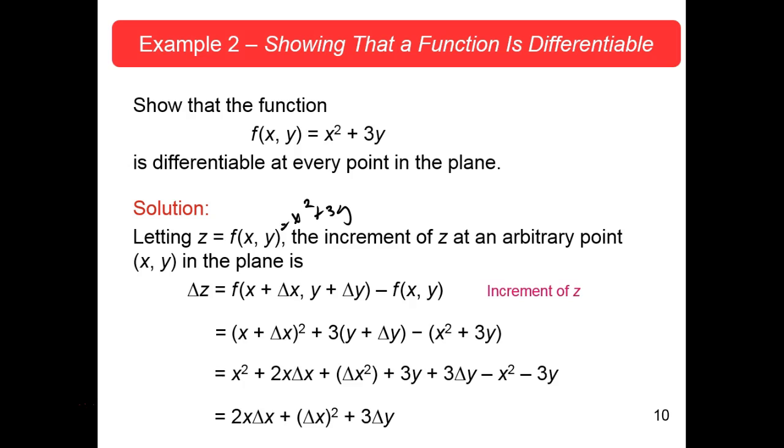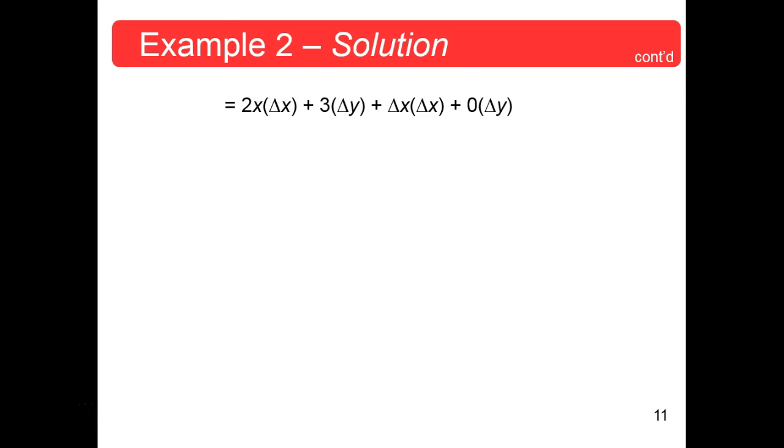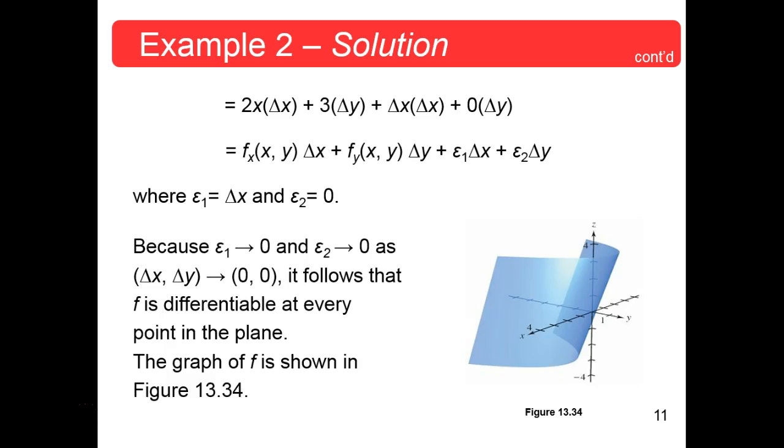Let's start with f being 0. Then you'd have 3y is equal to minus x squared. And if you look at the graph here, it's really hard to picture.